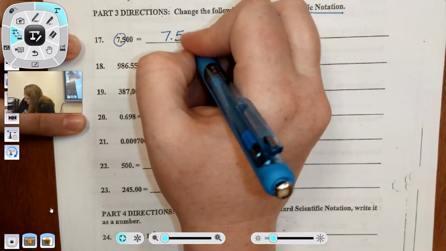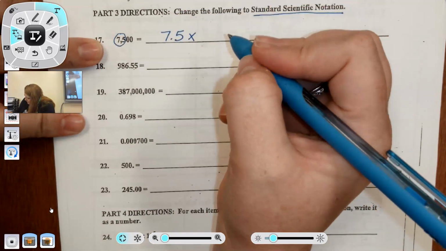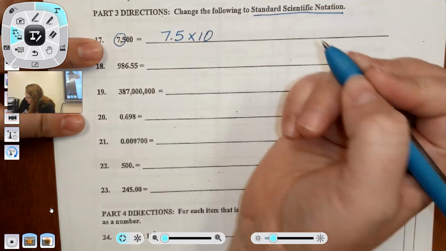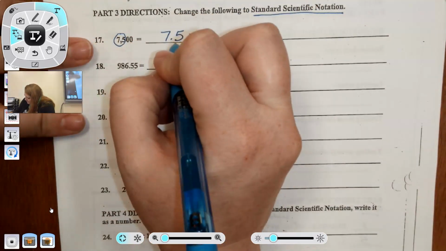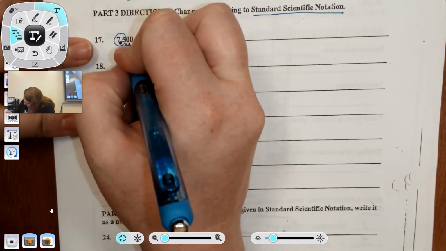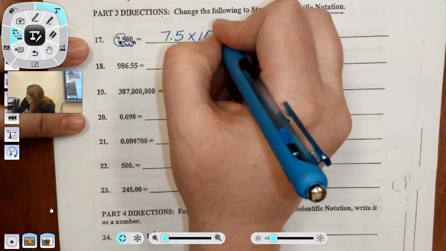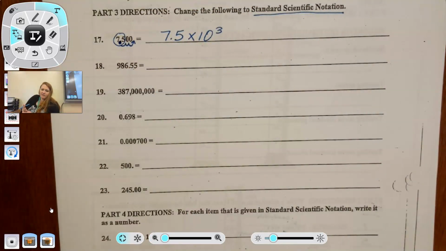And here, that's a large number, so we need it to be positive. So 7.5, if I were to put my decimal right there, I have to move it 3 places to the right to get it to where it's supposed to go. So scientific notation is going to be 7.5 times 10 to the 3.